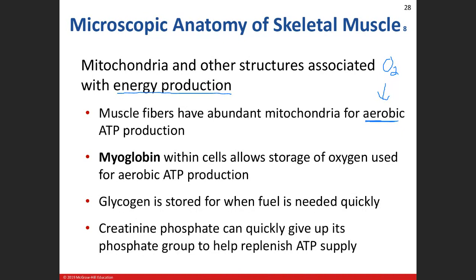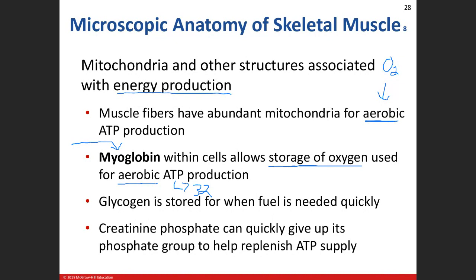Our cells, not wanting to be left out, have their own version of the oxygen-carrying molecule, but in the muscles we call it myoglobin. This protein is used to store oxygen so we can undergo aerobic cellular respiration and produce those 32 ATP molecules.